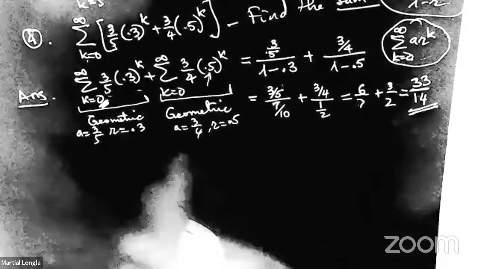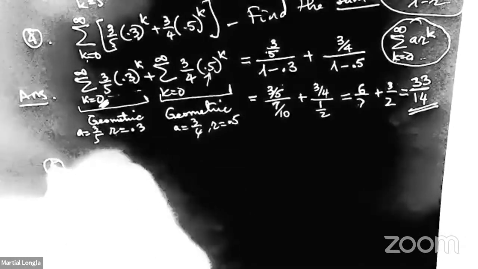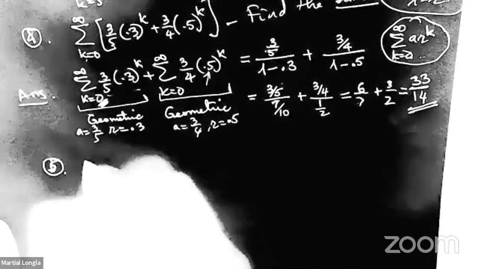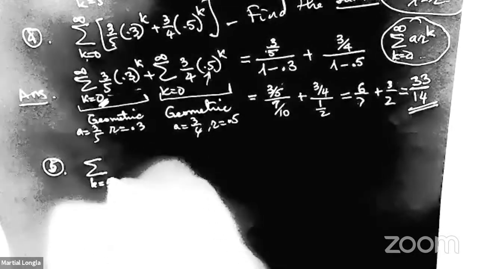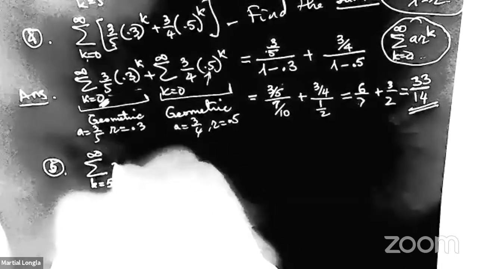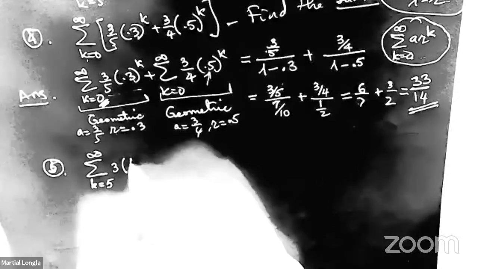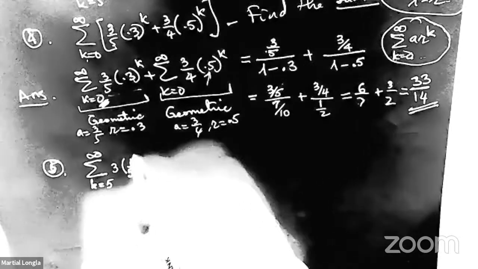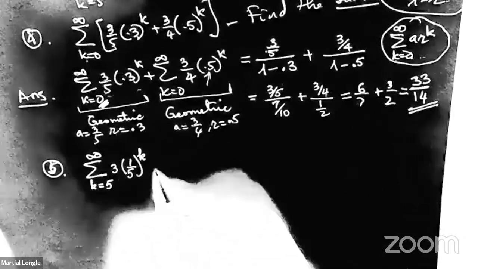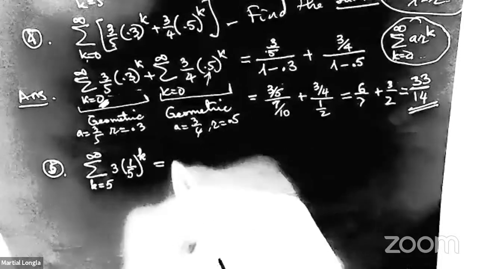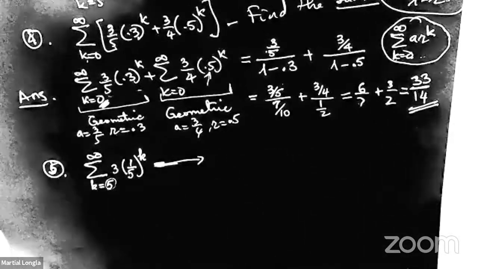It's a good question. So let me put right away an example of what I'm talking about. That will be better seen. If you have the sum from k equals 5 to infinity of 3 times 1/5 to the power k, you need to do the transformation to get this to start at 0.